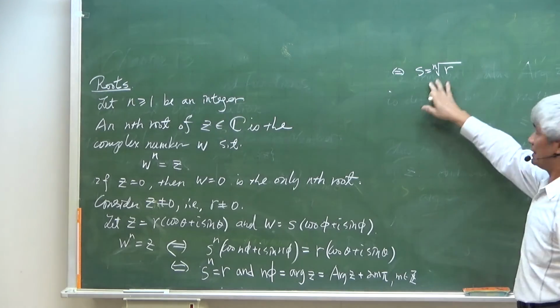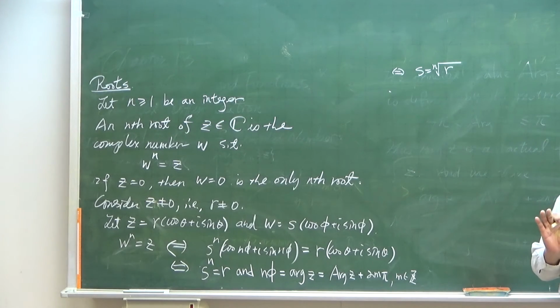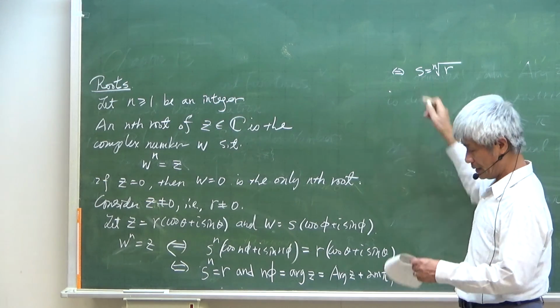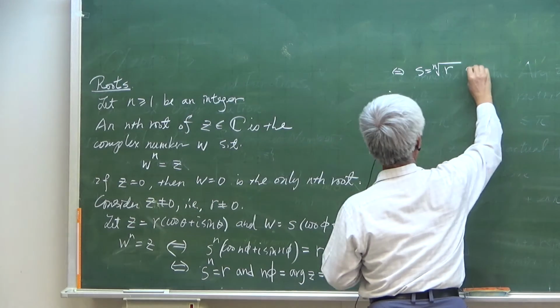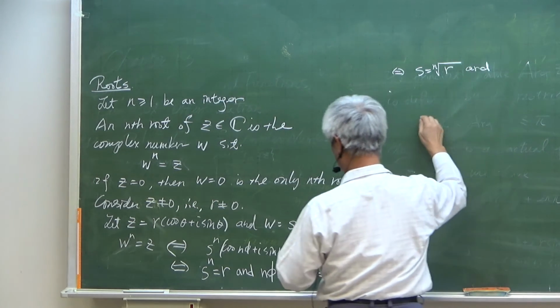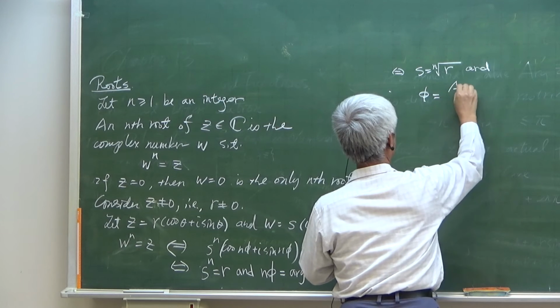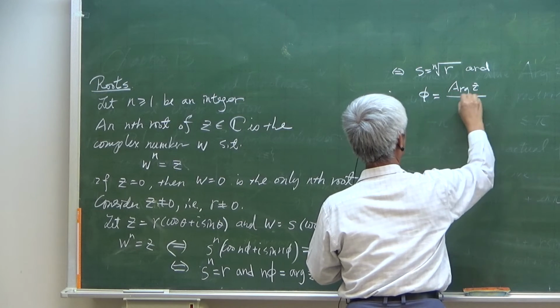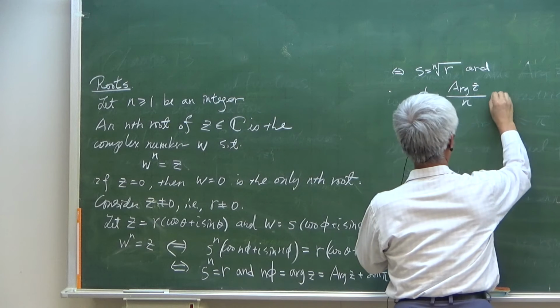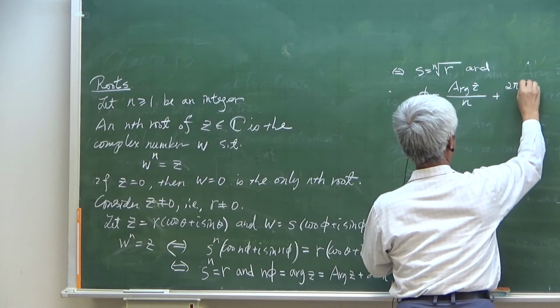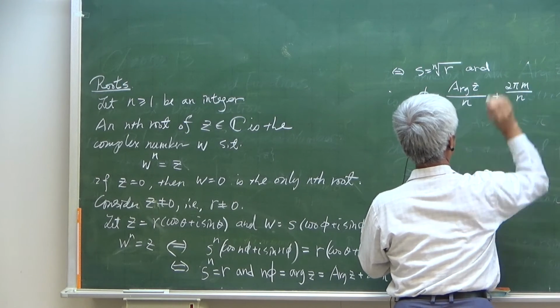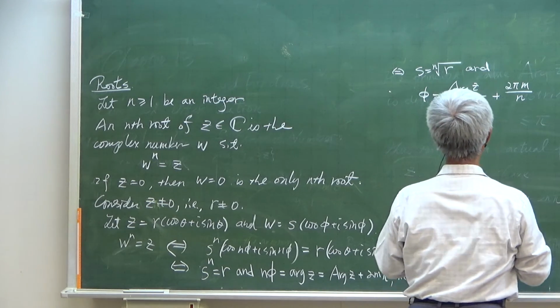You know, r and s are all positive numbers, so this is unique. And we have phi is equal to Arg z divided by n plus 2 pi m divided by n.